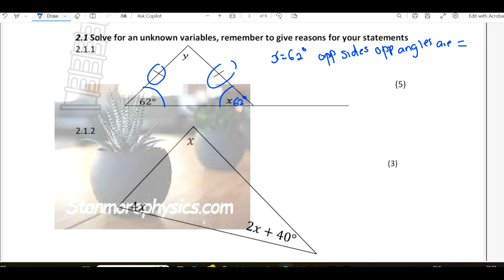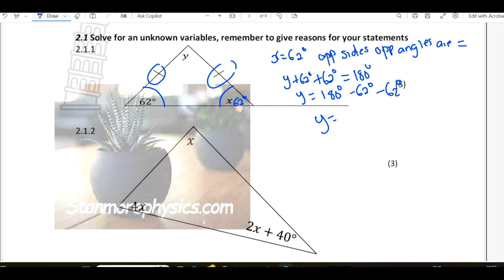We are left with y, guys, and we know that the sum of angles of a triangle equals 180 degrees. So it's going to be y plus 62 degrees plus 62 degrees, and everything adds up to 180 degrees. So y, I will take this to the other side and change sign: 180 minus 62 degrees minus 62 degrees.